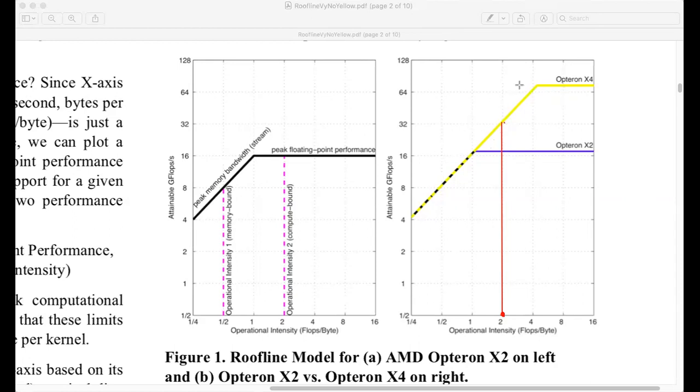Earlier, we increased the ceiling from 16 gigaflops per second to a ridiculously high 1 teraflop per second. And in order for it to be compute bound, the operational intensity has to be extremely high. But in any case, the same application on Opteron X4 with 4 cores is a memory bound application.